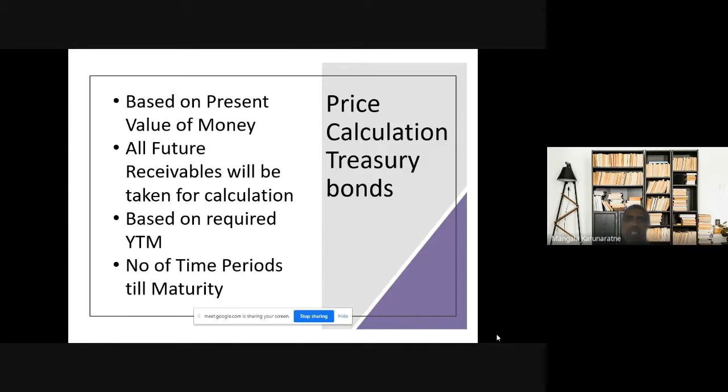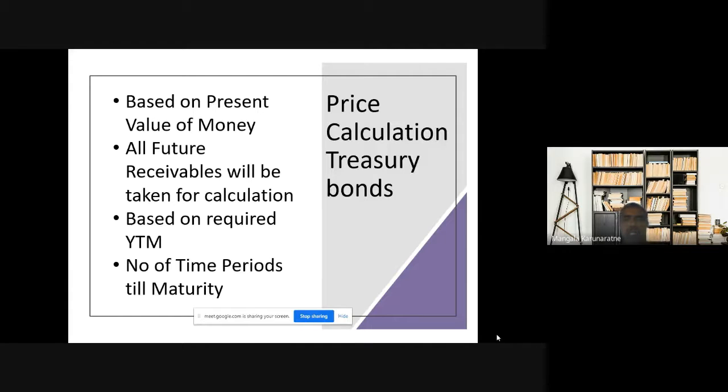So this bond will give you a lot of future receivables. Every year till maturity there will be 2 coupon payments, right? So if the bond is maturing in 6 years, you will be getting 12 coupon payments, and finally with the last coupon you get the face value as well.